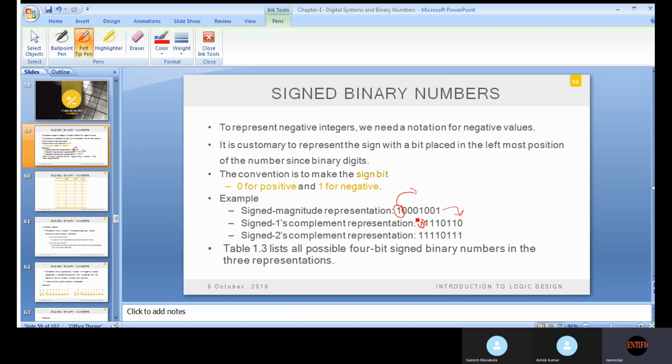The sign will be the same. Okay. మిగతా ఏంటిది అని అంటే complement అయిపోతాయి. Signed two's complement representation also, sign will not change. One is representing the sign, so sign will not change. Two's complement కాబట్టి ఒక్క బిట్ యాడ్ అవుతుంది అంతే. ఓకే, ఈ వన్స్ కాంప్లిమెంట్ కి ఓకే one bit add అవుతుంది. This is two's complement.